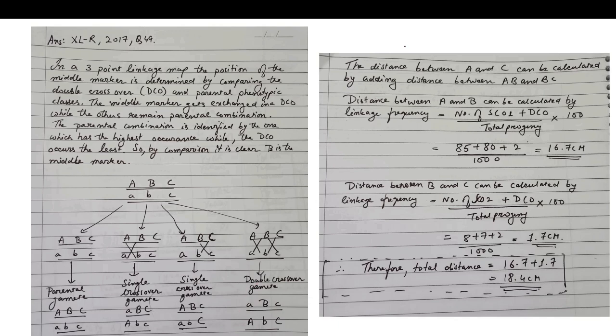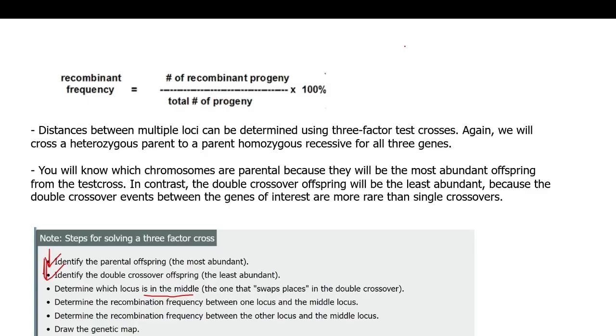Now the next step is to determine the recombinant frequency between one locus and the middle locus. We know that the middle locus is B. So first we need to determine the recombinant frequency between the A gene and the B locus, the distance of the A locus from the B locus.